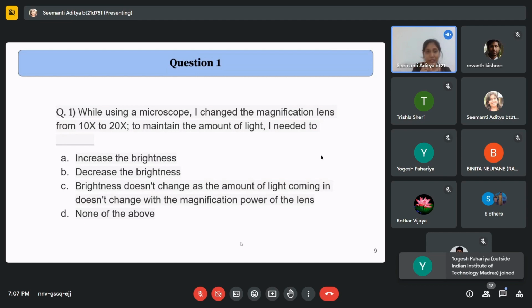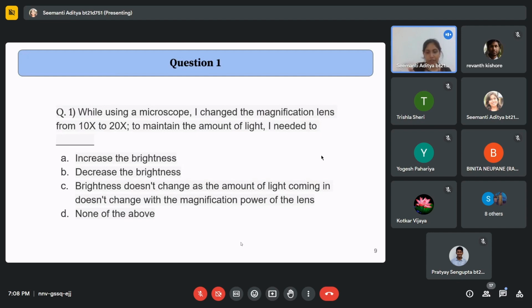For example, if magnification is increasing from 10x to 20x, that means the lens is becoming thinner because the resolution has to improve. The refractive index is maintained the same. We are not changing the refractive index. Only what we can change is the light's intensity.